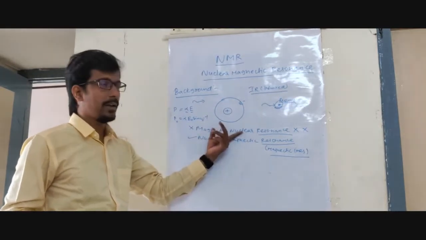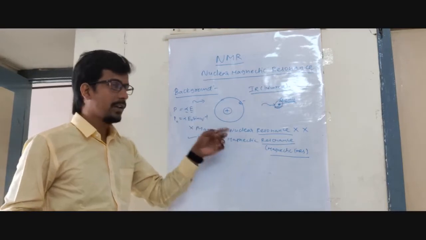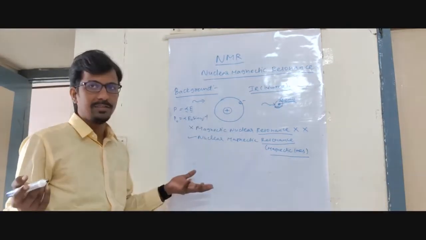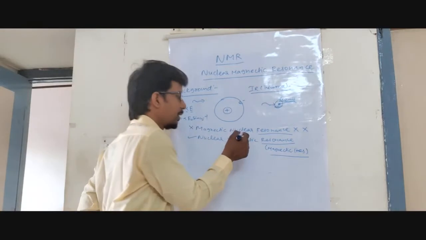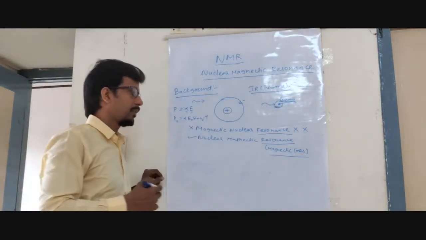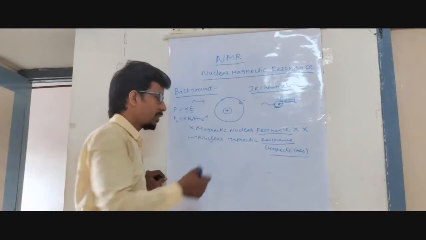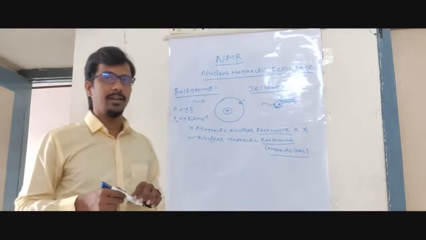The nucleus is primary and the magnetic field is secondary. If the nucleus is not there, we will not get it, because the primary source is nothing but the nucleus. Based on the nucleus only, we get the magnetic field. So that's why we use the name nuclear magnetic resonance.